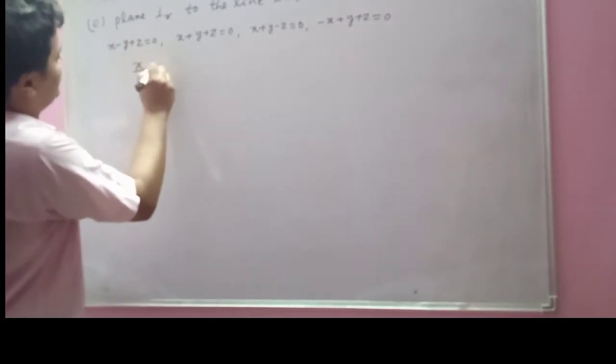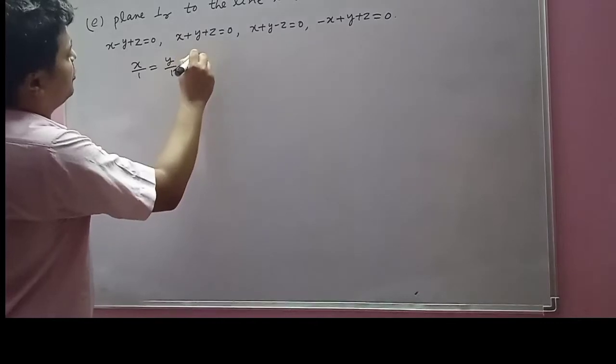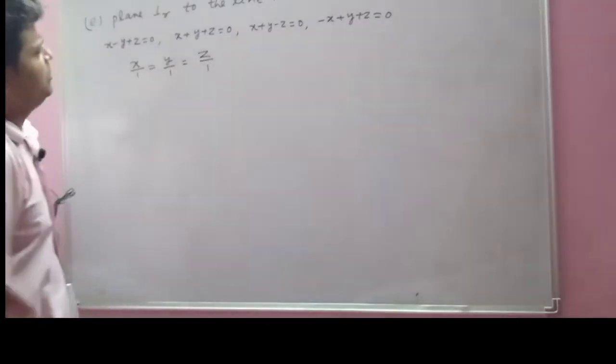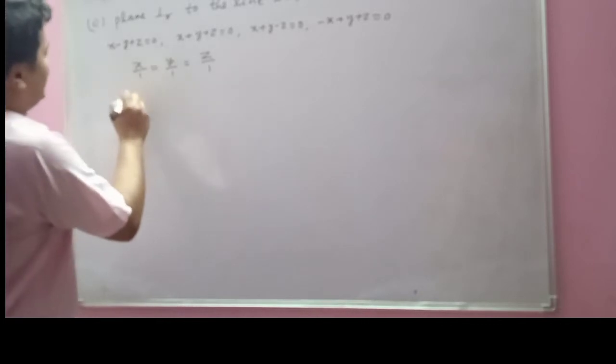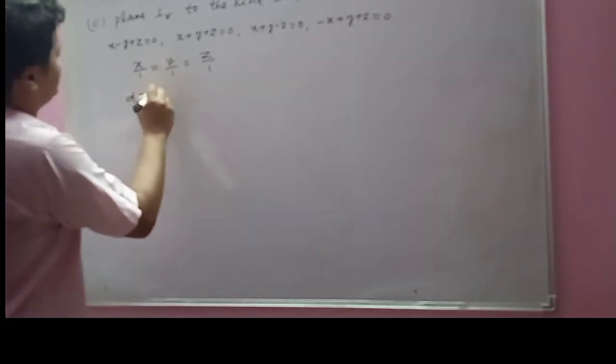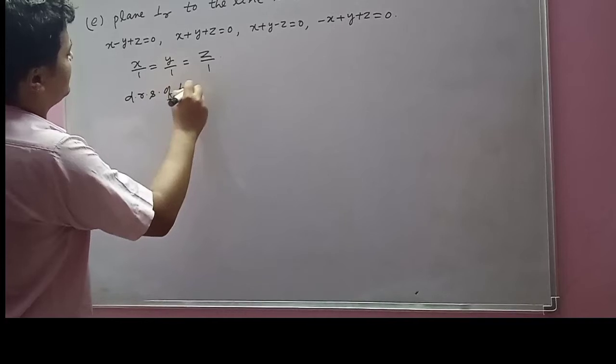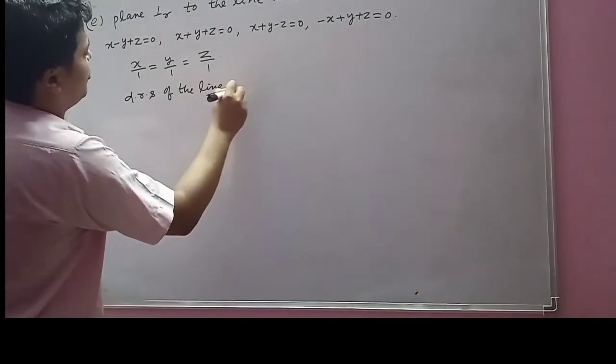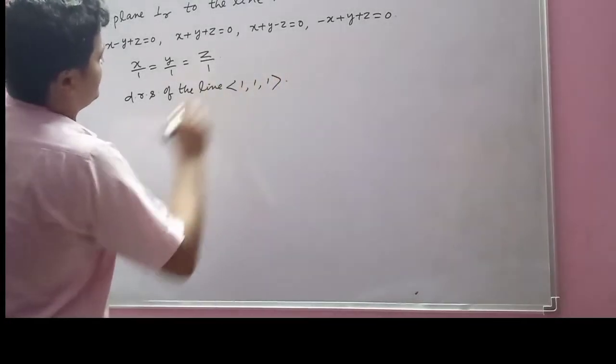So the equation of the line is given, x by 1 equal to y by 1 equal to z by 1. DRS of the line, 1 1 1.